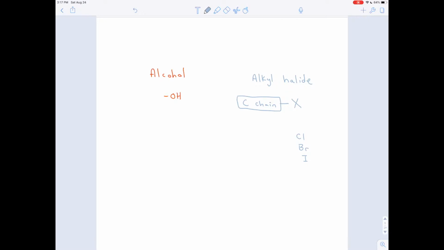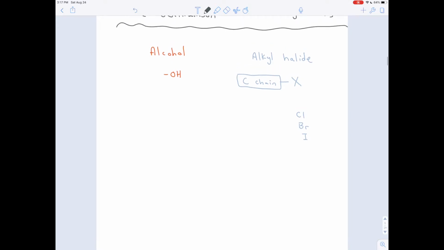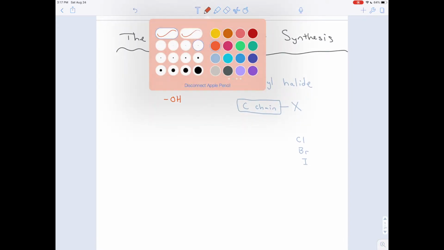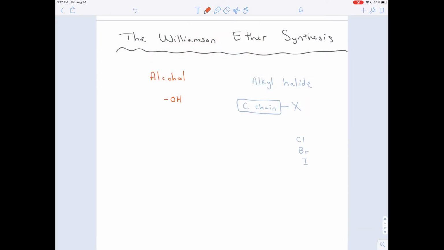Okay, so if we combine these two things, an alcohol and an alkyl halide, we can make an ether. And the process for doing this is called the Williamson ether synthesis, after the scientist who first developed it. The alcohol we're going to use is going to be the nucleophile.